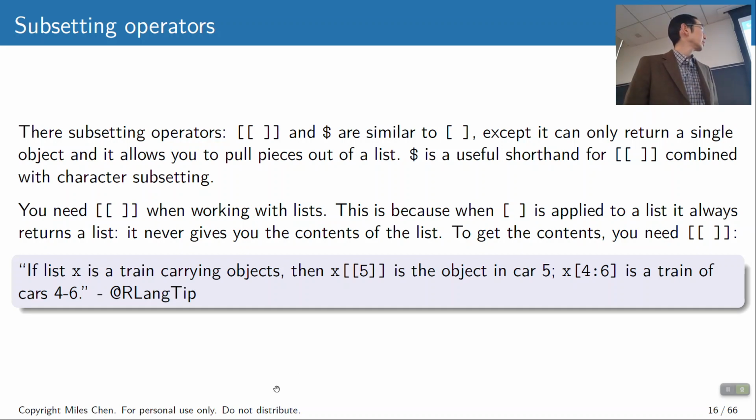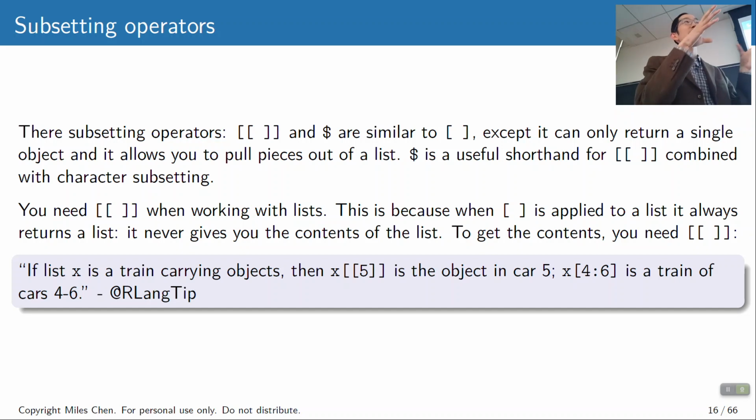So if you have x double square bracket 5, that is going to extract the object that is inside the fifth car, whereas single square bracket 4:6 will pull out cars 4, 5, and 6, right? So if you think about a train and each car can contain objects in it, that's a little bit like a list, okay?